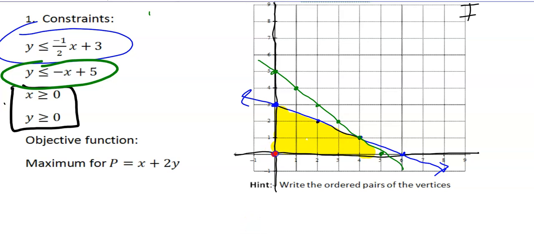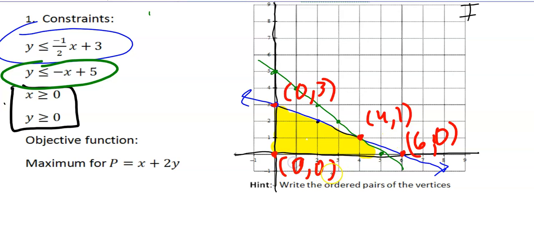What you want to do is identify the vertices. There's 4 of them in this case: (0, 3), (4, 1), (6, 0), and (0, 0). I'm guessing (0, 0) is not going to be a maximum of our function, but let's just test all 4 vertices of the feasible region. We're just testing by plugging into this equation, and we can pretty much do this by hand because it's smaller numbers.